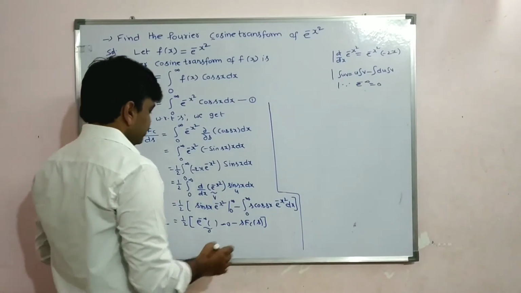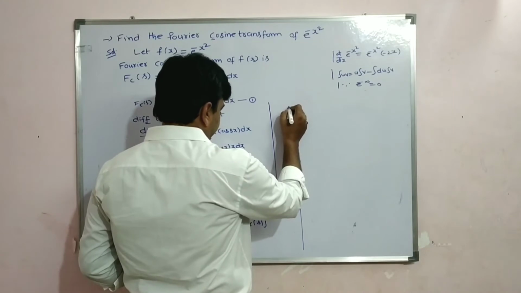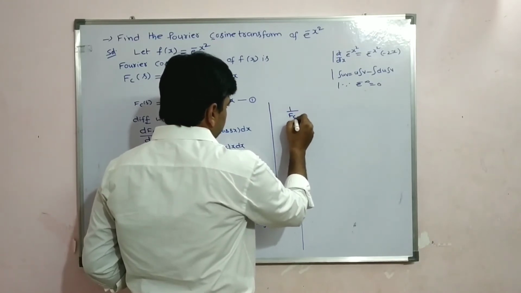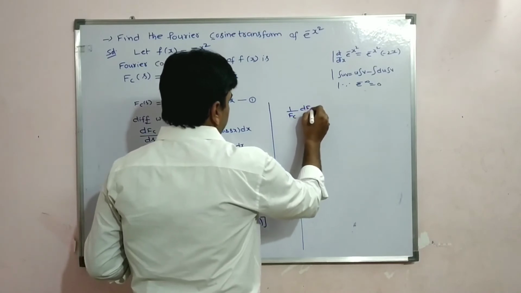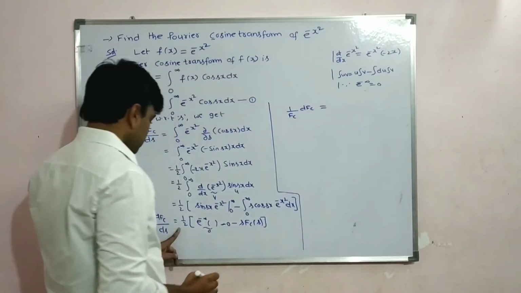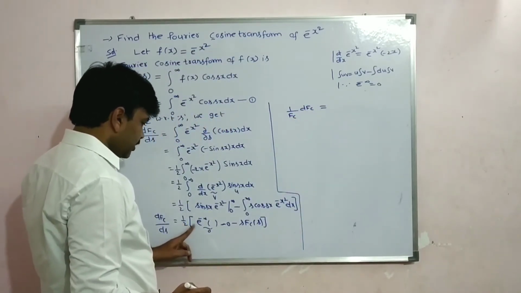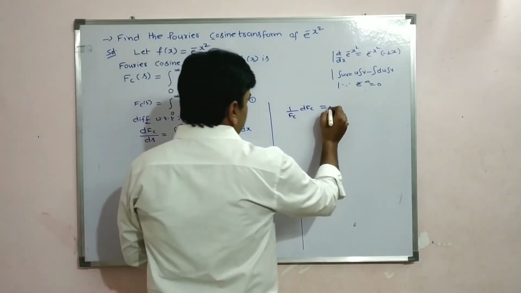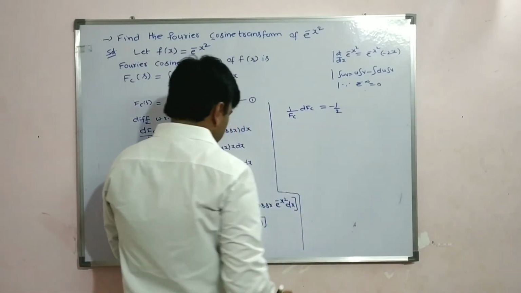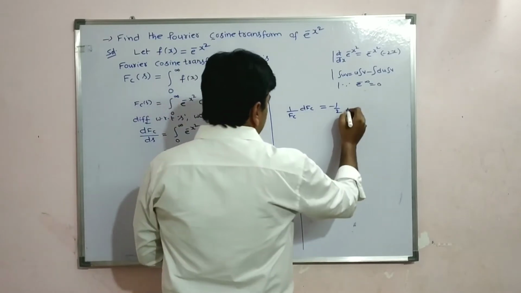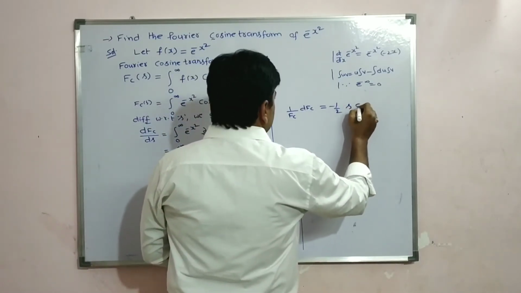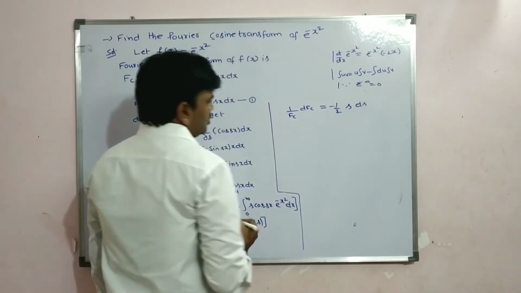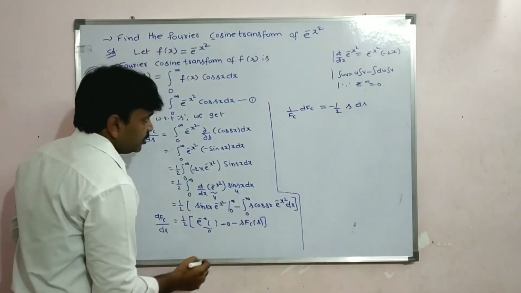We get 1 by Fc into dFc is equal to minus 1 by 2 s into ds. Simple, students. I am applying the variable separable method here.